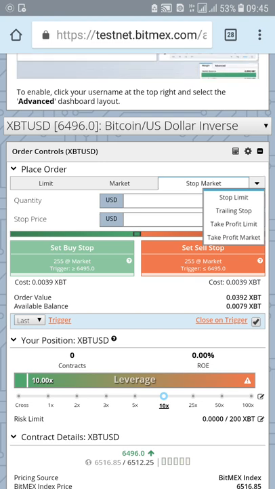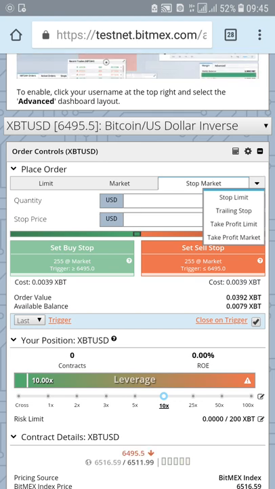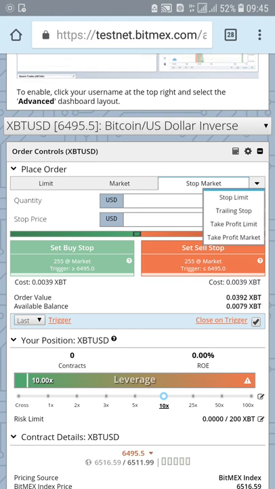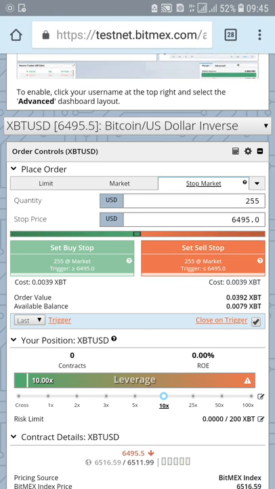Your stop limit is a form of stop loss. Your trailing stop is used to set a buy order at a trailing price. Your take profit limit is a form of take profit, and your take profit market is a form of take profit too. If you click on this stop market, it's a form of stop loss too.